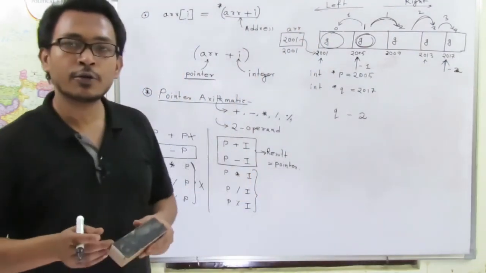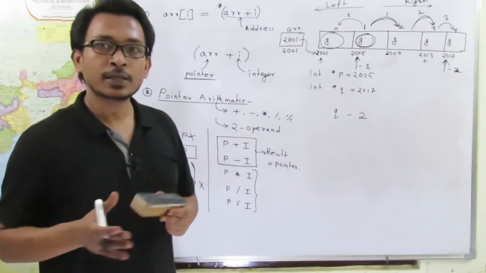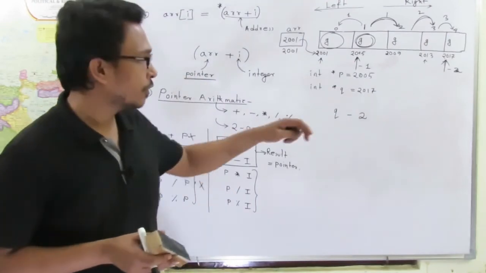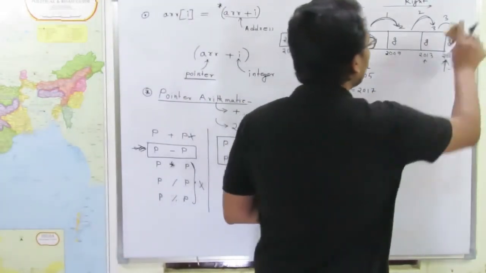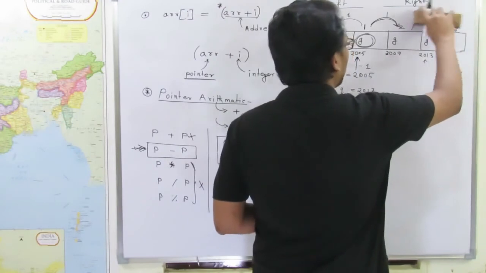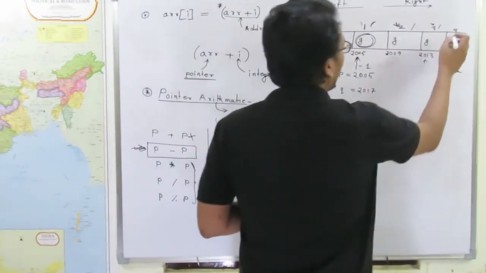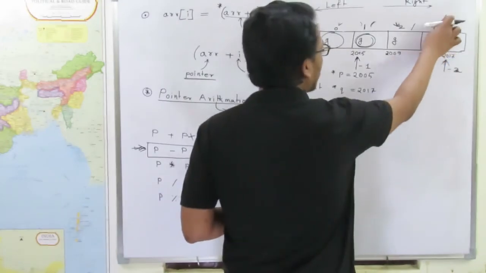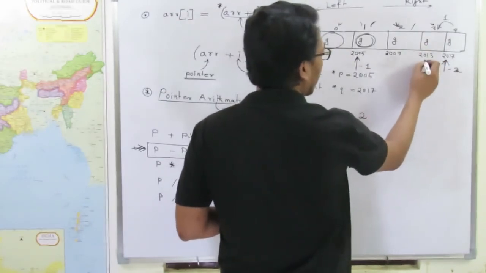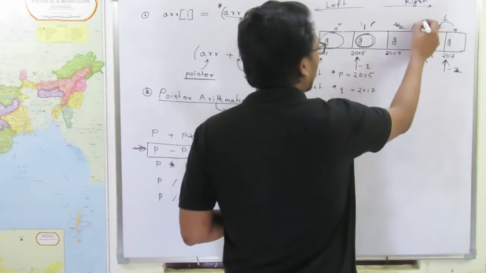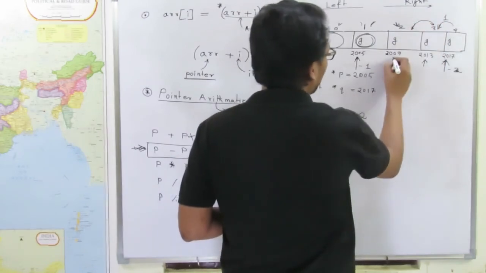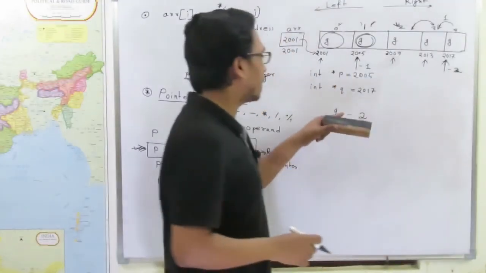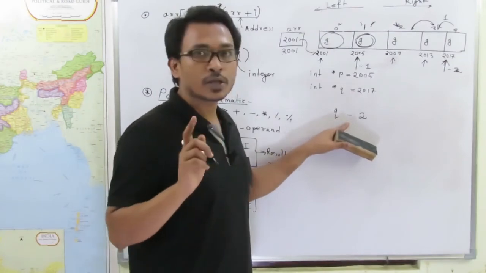How many blocks do we need to bypass on the left side? On the left side we need to bypass 2 blocks. From this block, after the first bypass we reach this block, and from here we need to bypass one more block, so we will reach here. That means the result of this operation will be 2009.